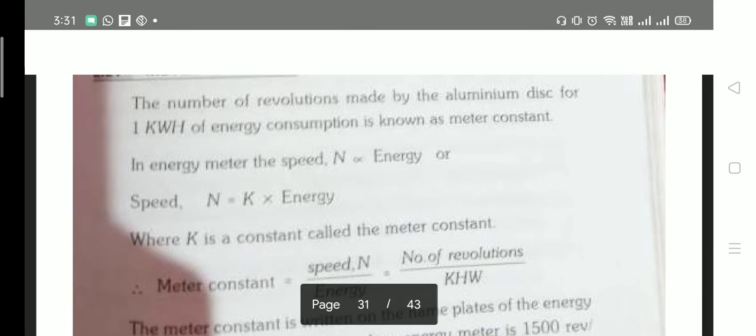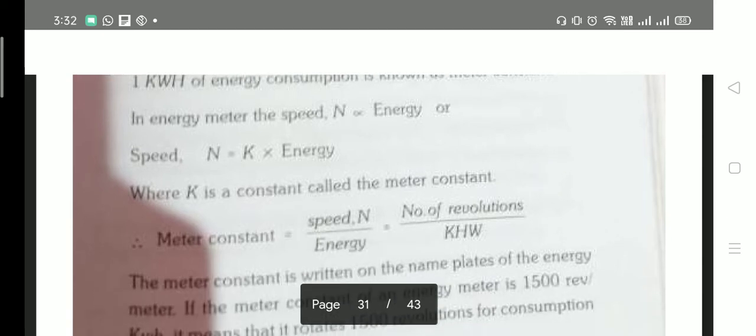Here speed is the number of revolutions; that is only speed. Energy we can measure in kilowatt hours.